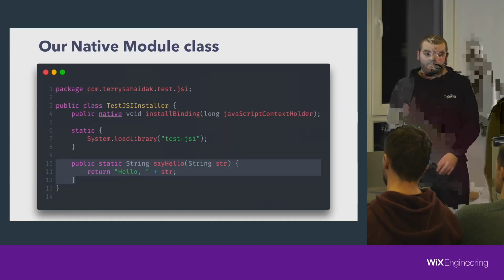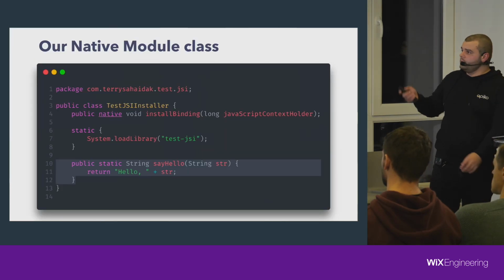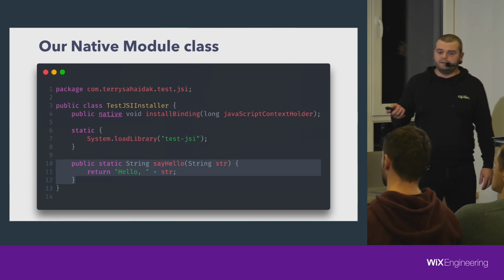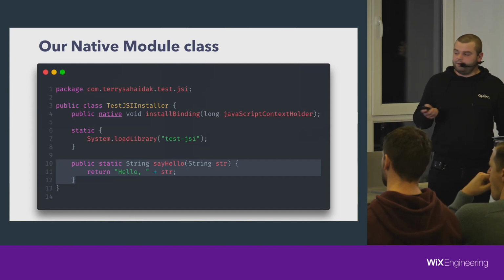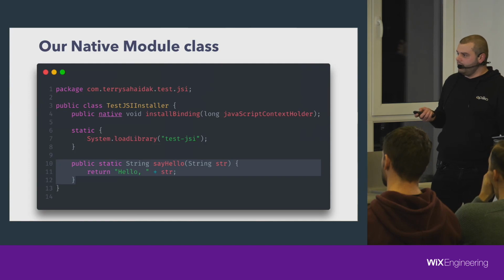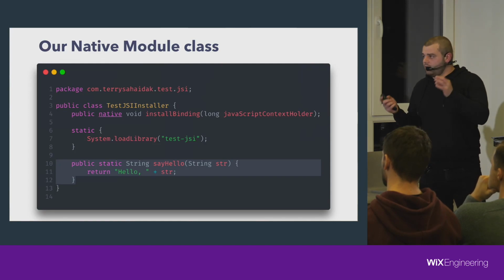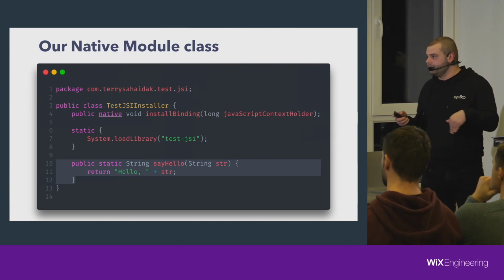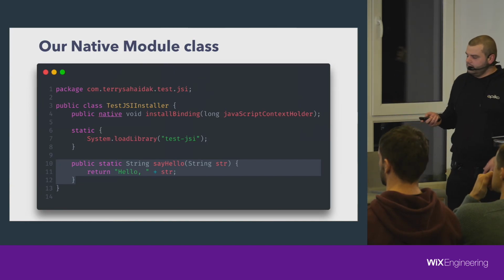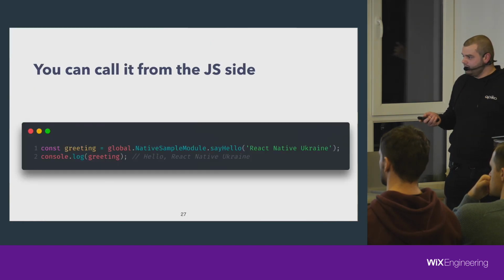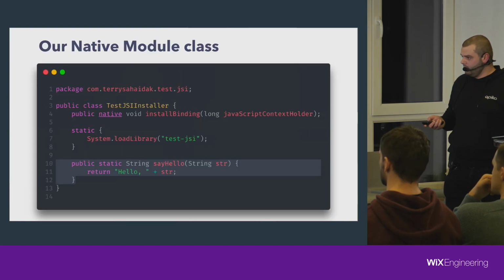So basically, how it works: we start with a Java class, where first of all we define the native method. That method is going to be called from the C++ side. Also, we have the sayHello method. That method we will call from JavaScript here on the Java side.